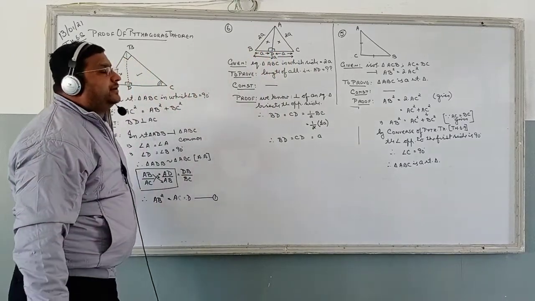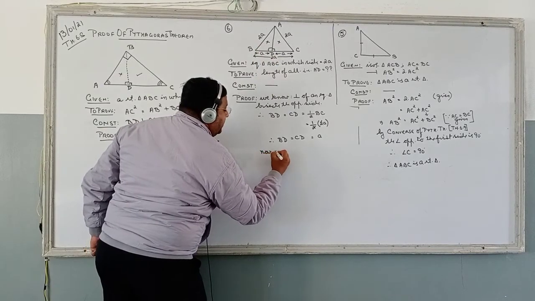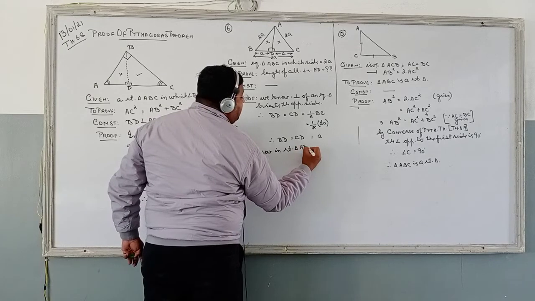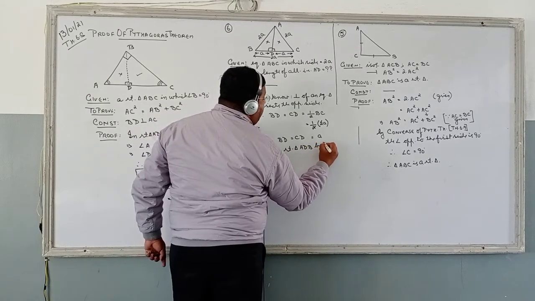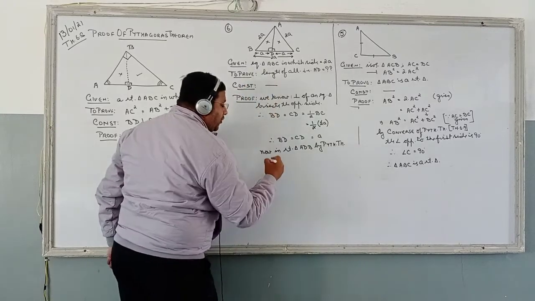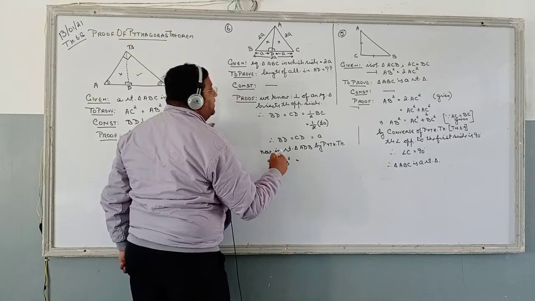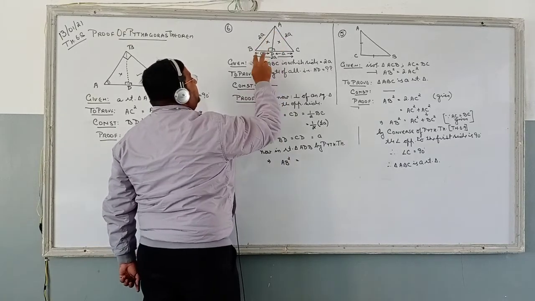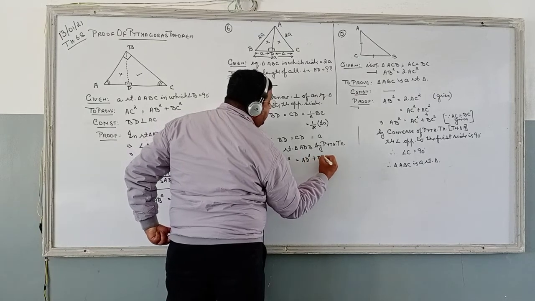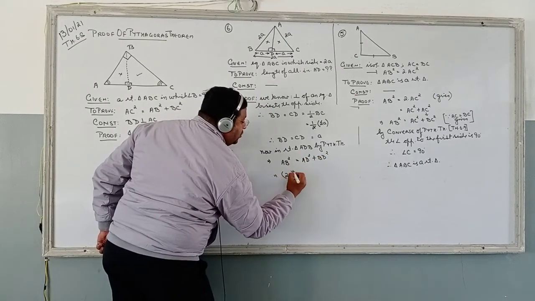Right? It is A. Now can we apply Pythagoras? Now in right triangle ADB, by Pythagoras theorem. What is Pythagoras theorem? Square of the hypotenuse AB square is equal to AD square plus BD square. How much is AB? 2A whole square.